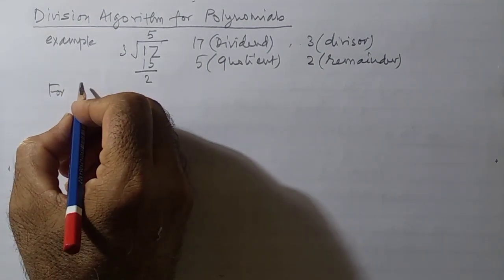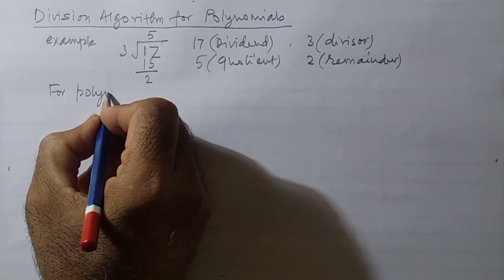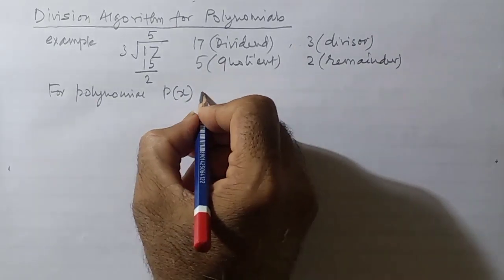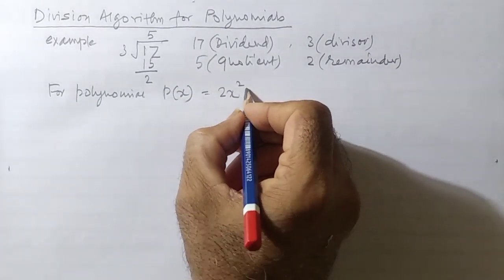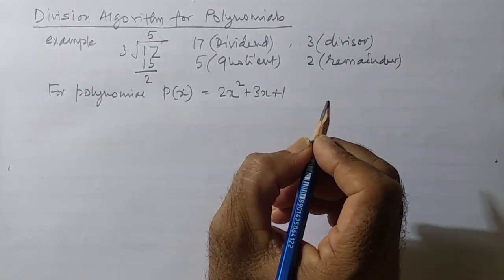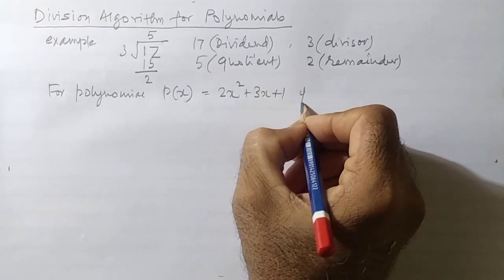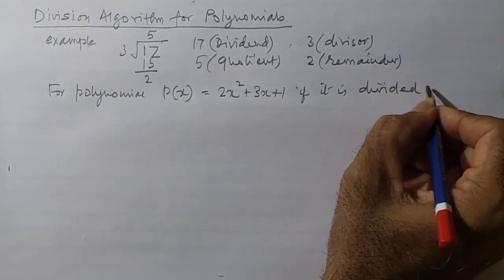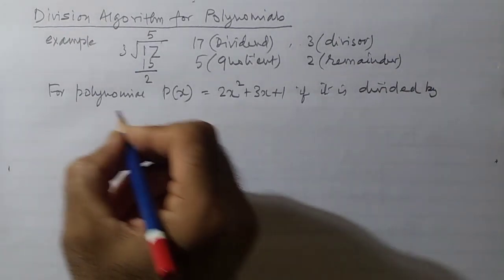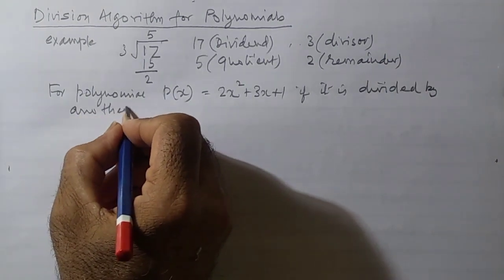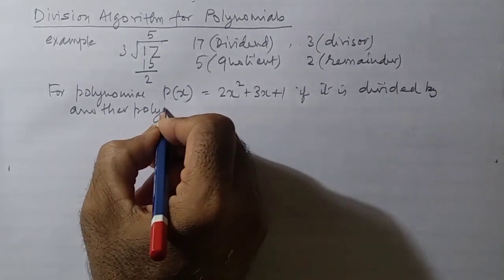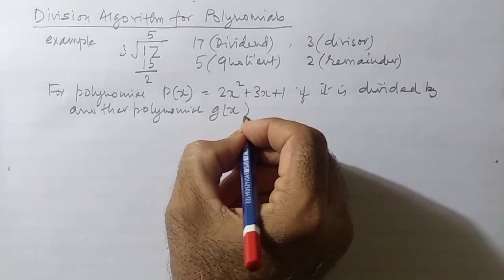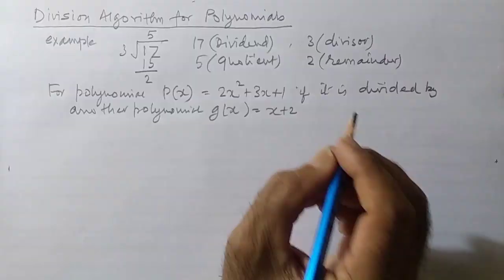Take for example, the polynomial p of x is equal to 2x squared plus 3x plus 1, and if it is divided by another polynomial, g of x is equal to x plus 2.